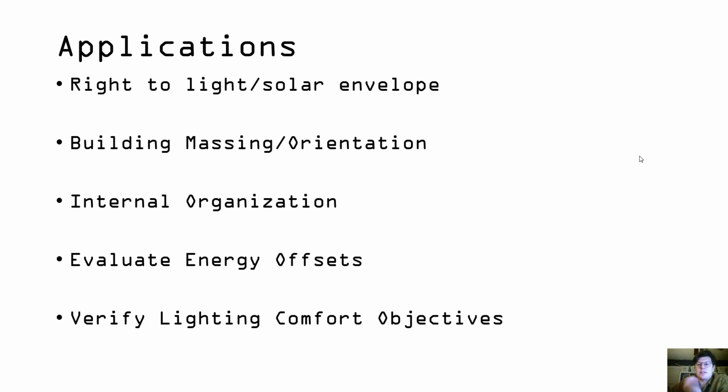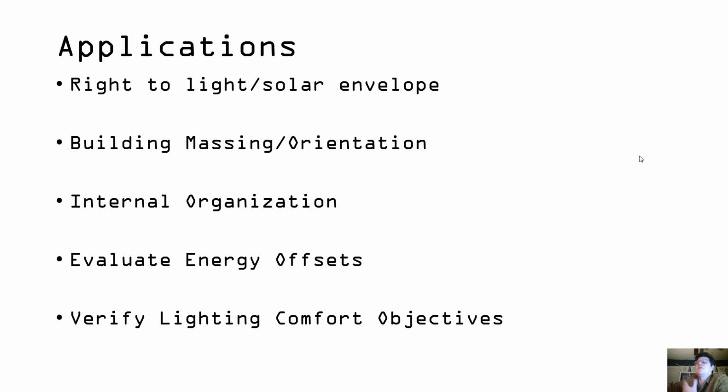This idea of right to light and solar envelope relates to a lot of zoning regulations that require setbacks of buildings, so that light can penetrate through and there's not an overcast of shadows too densely. And so we can utilize daylighting analysis as a way of planning out where a building may exist on a site or a group of buildings and how they may interact with one another for solar access.